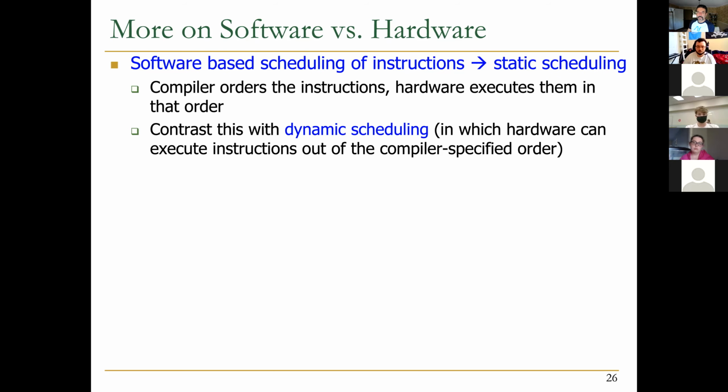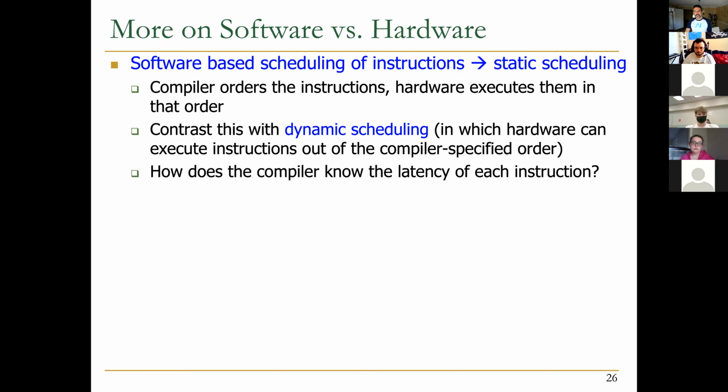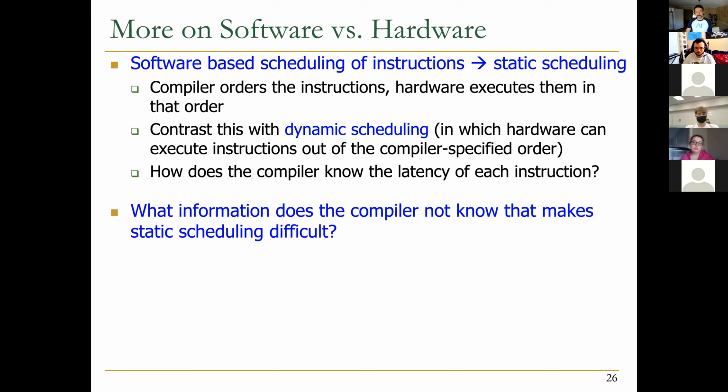This is obvious for you, and we discussed that in dynamic scheduling, the hardware has this advantage of knowing the architectural state and the latency of each instruction, but the compiler obviously doesn't have any clue how long an instruction would take when executed, right?